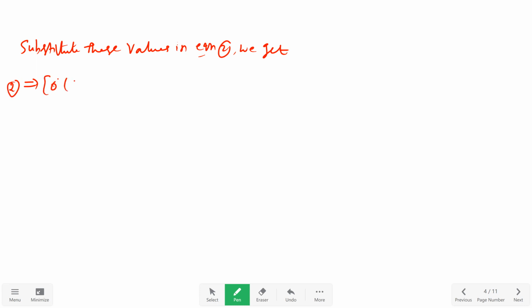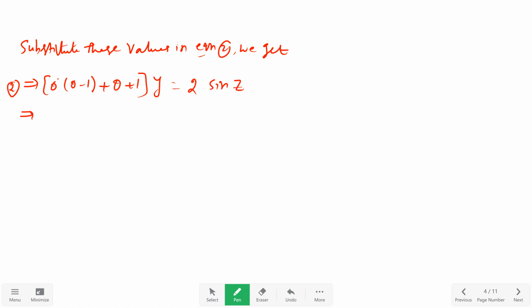θ(θ − 1) + θ + 1 into y is equal to this value 2 sin(log(1 + x)), and log(1 + x) is nothing but sin z.